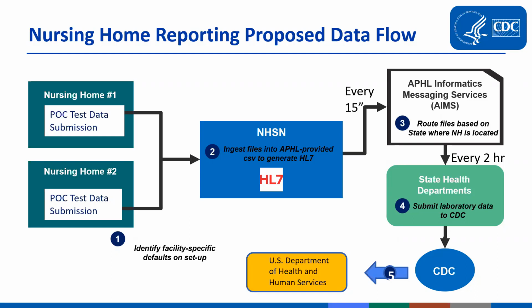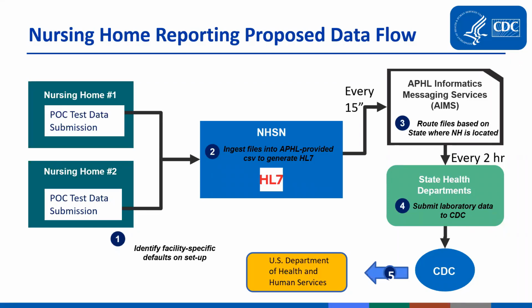The files are routed based on the state where the nursing home is located. Or in the case where an individual works in a state different from where they reside, to that state. That takes place every 2 hours.